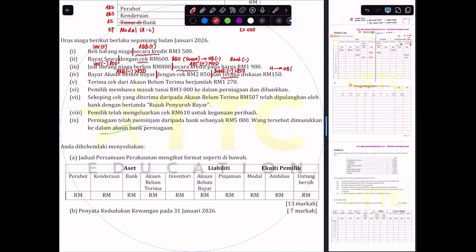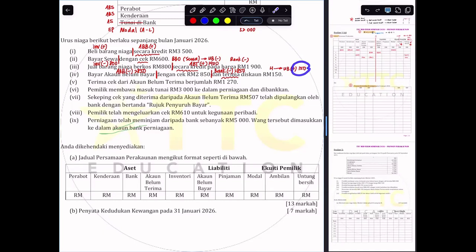And it is going to add or minus the untung bersih. Add, because your income is getting more, your profit more. Untung bersih by 150. Okay, yes, just now I recorded the 2,850 twice, right? Now I'm getting 150. I'm going to record the 150 once or twice? Remember the rules that we always need to make sure left and right hand side are the same.